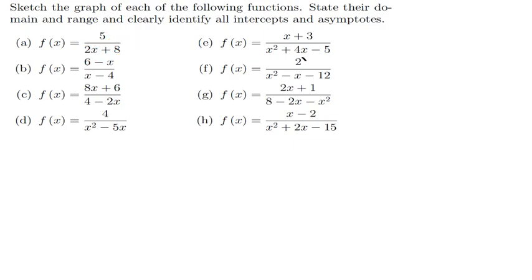On top I don't have x. Initially I have x, but it's x to the power 0. Now this function is bottom heavy because the degree of x down is greater than x on top. So for the range, in that case, you just say y is not equal to 0. Then you say the range is from negative infinity to 0, union 0 all the way to positive infinity.